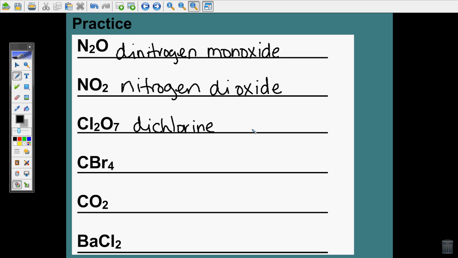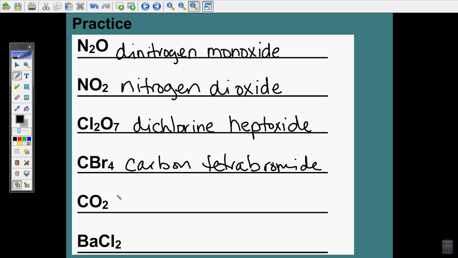I have 7 oxides, so heptoxide. CBr4, so I have carbon tetrabromide. CO2, carbon dioxide.